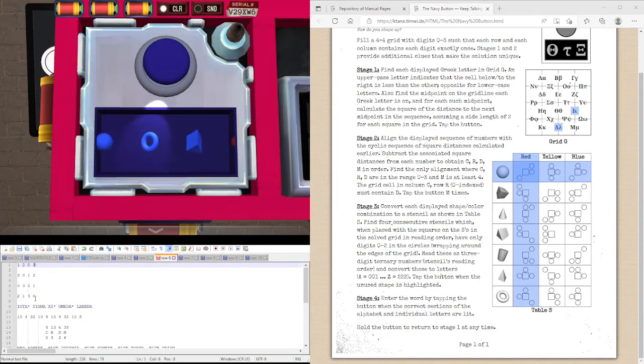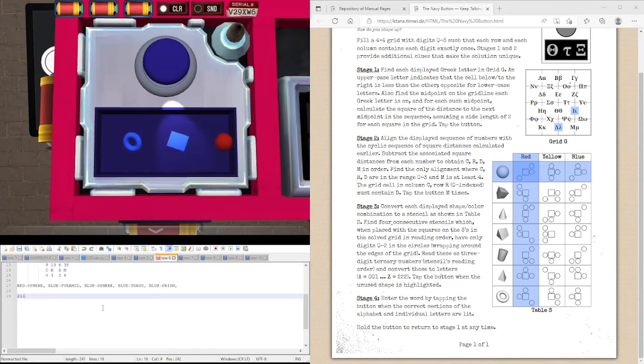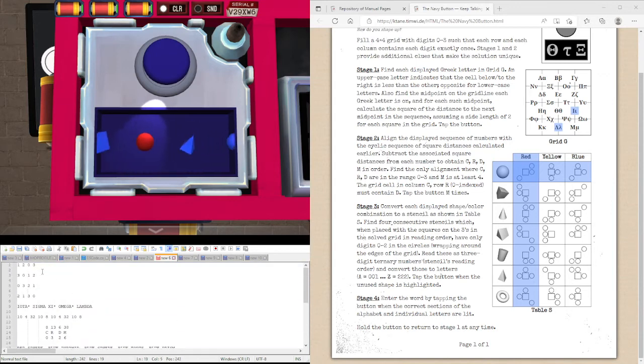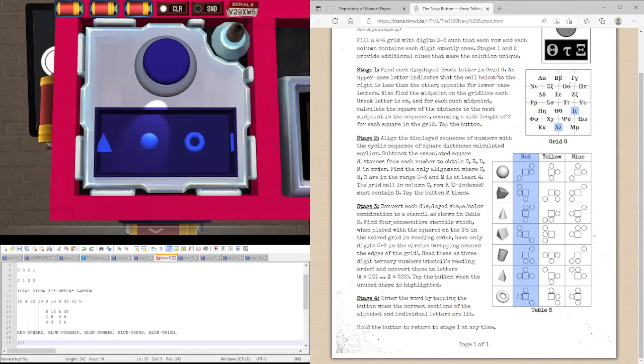So going up and right, we get 2. Then just right. 2, 1, 1. So again, possible start. Up next we have blue pyramid.